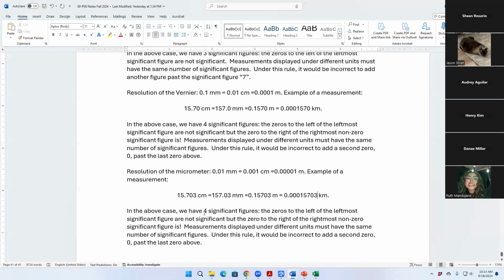In the above case, we have 5 significant figures. The zeros to the left of the leftmost significant figure are not significant.